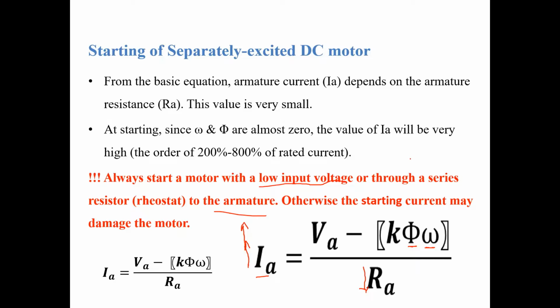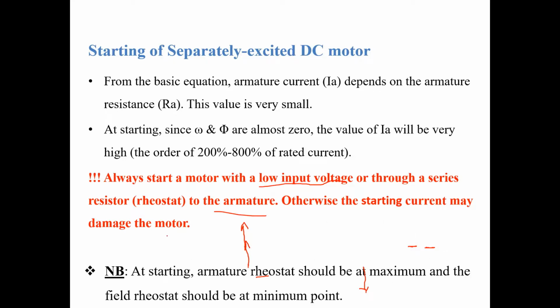Once the machine reaches the rated speed, you can make the rheostat resistance 0 or the minimum. With this, we can start the separately excited DC motor.